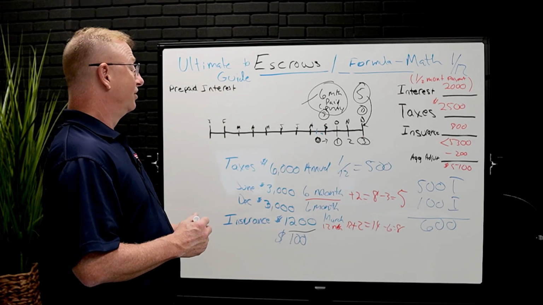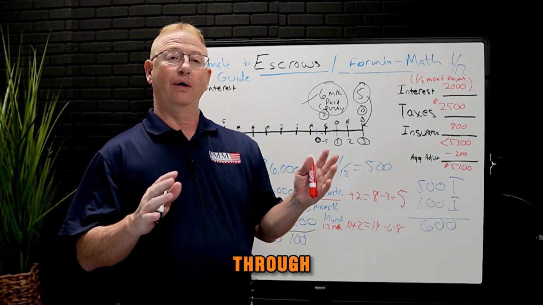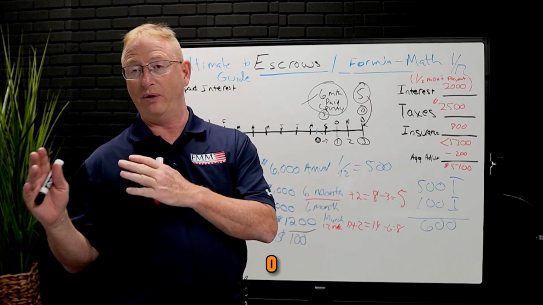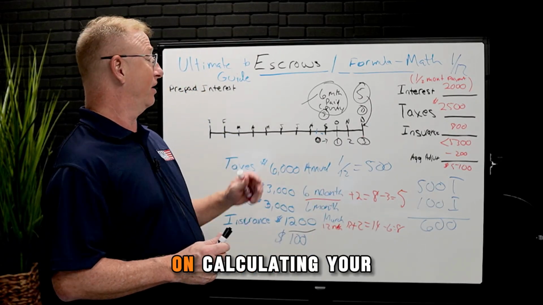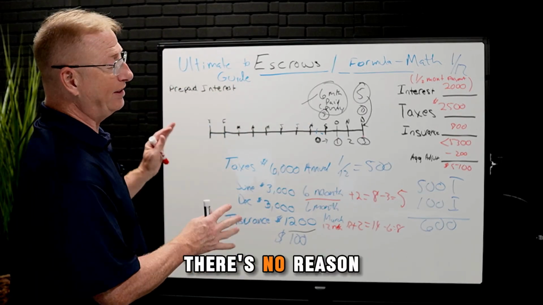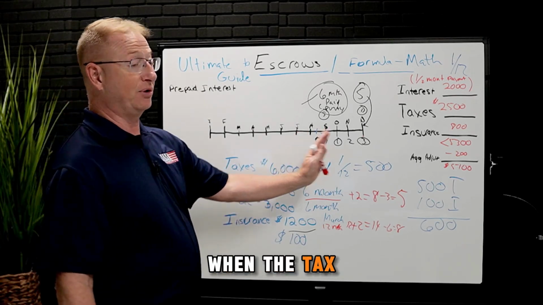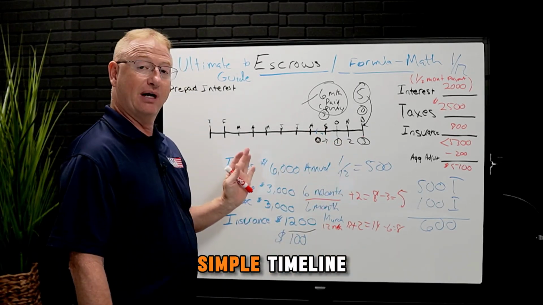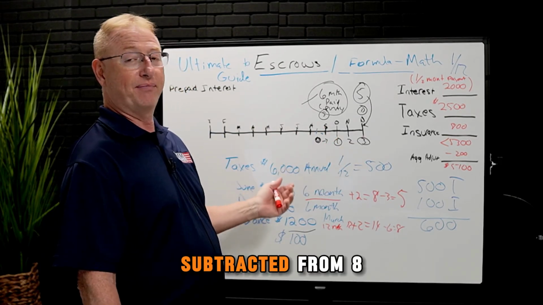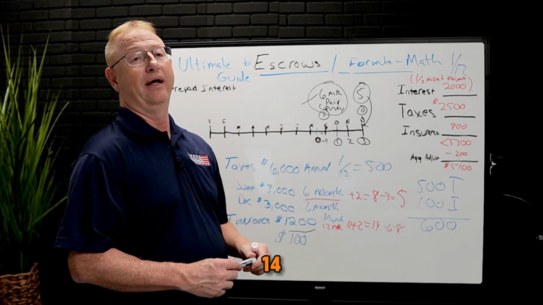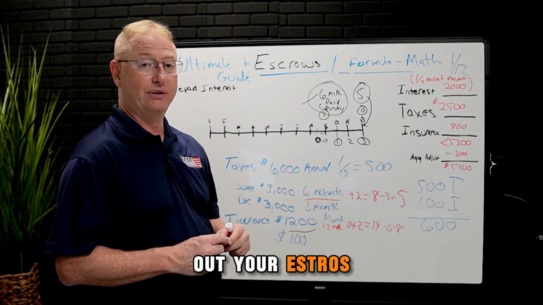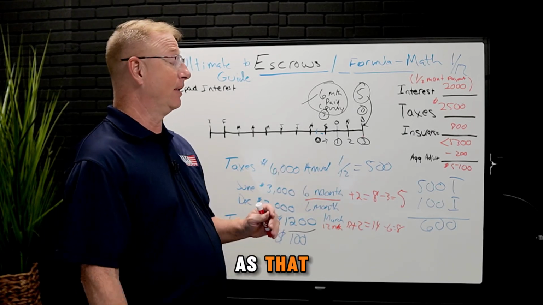Okay, so I've gone through 3 different major scenarios: 101, 102, and 103 on calculating your escrows and the formulas. There's no reason, if you know when the tax bills are due, just make a simple timeline, figure out when your first payment is, subtract it from 8 or subtract it from 14, and you'll be able to calculate out your escrows. It is as simple as that.